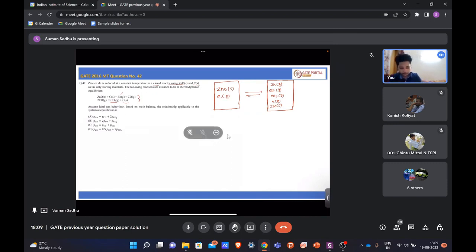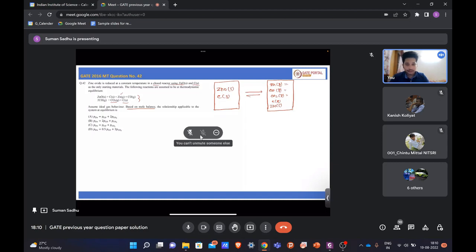Basically we have to do a mole balance here, as also mentioned in the question itself. Based on the mole balance, we have to find out the number of moles of the gaseous compounds present at equilibrium, because in this closed reactor only the elements or compounds in the gaseous form will exert pressure on the chamber.